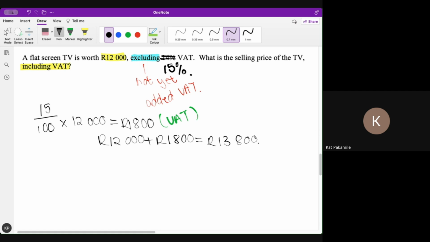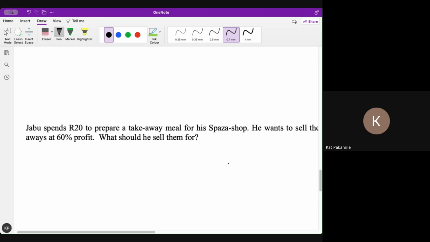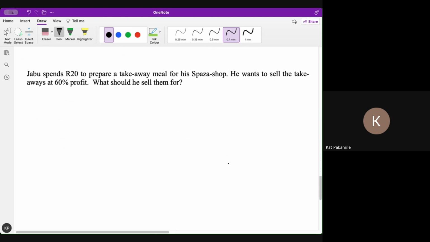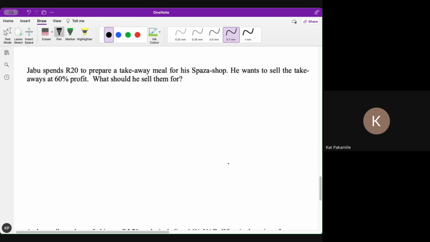All right. Let's see. Jabu spends 20 rands to prepare a takeaway meal for his Paza shop. He wants to sell the takeaways at 60% profit.